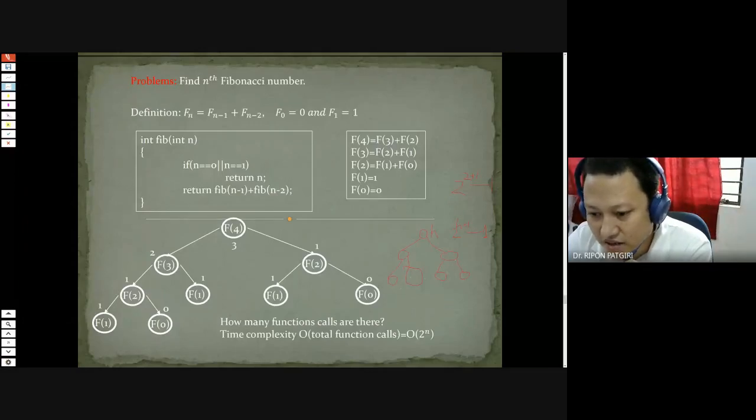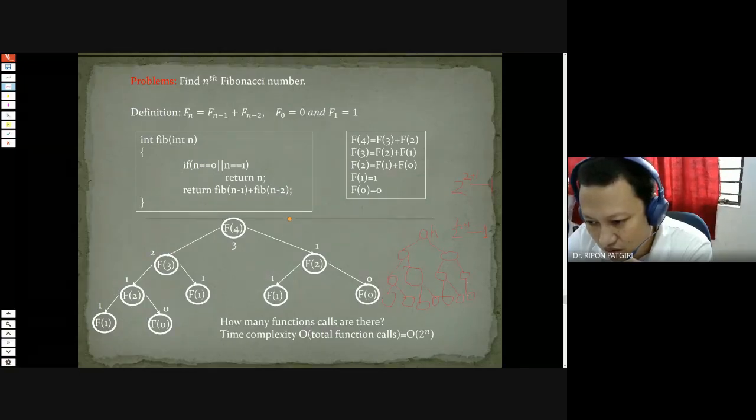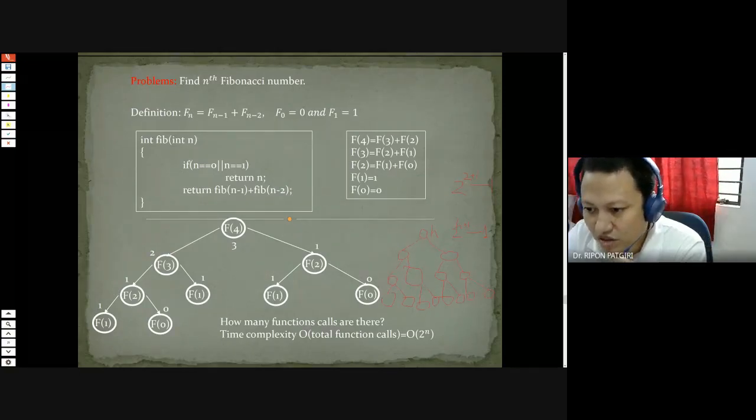If the height is 3, then what is the total number of nodes?